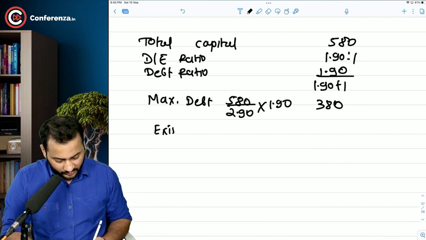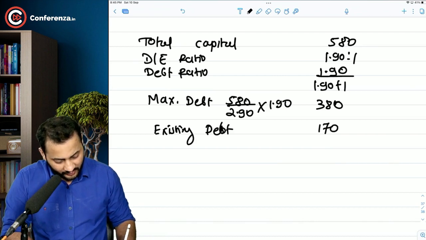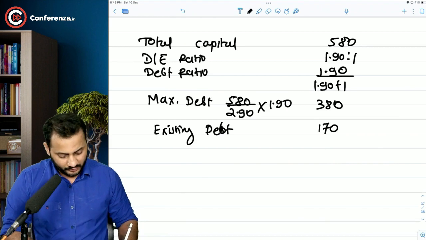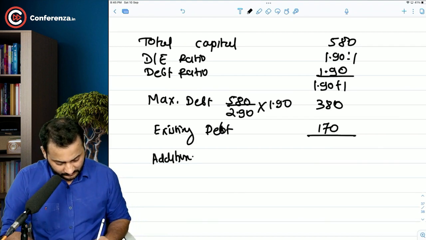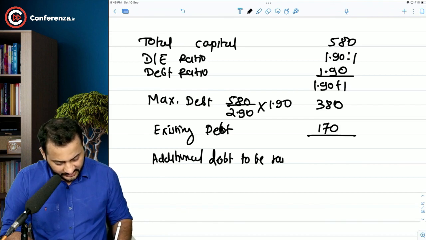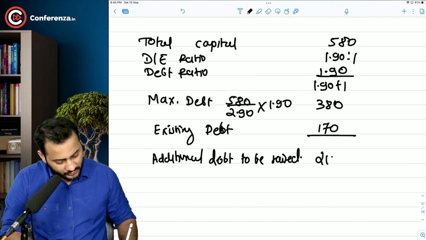Now, first of all, deduct the existing debt. We already have 170 in our capital. So additional debt to be raised: 380 minus 170, that's 210.